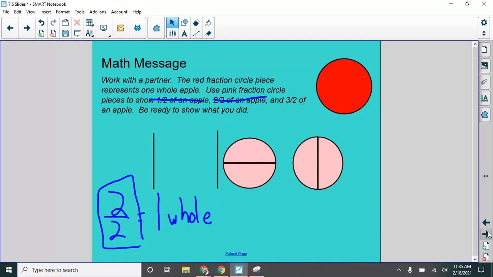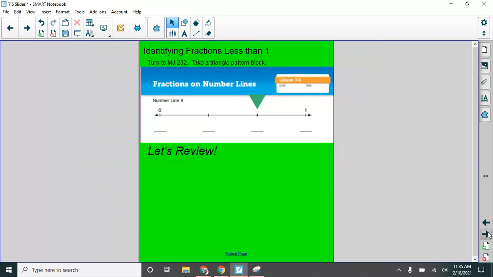We're going to see that here on number lines next. So I need you to open in your math journal to Math Journal page 232. So we're going to review what we did yesterday first. This is going to look exactly like what we did yesterday. So we have a number line. I noticed that this number line starts at 0 and ends at 1.